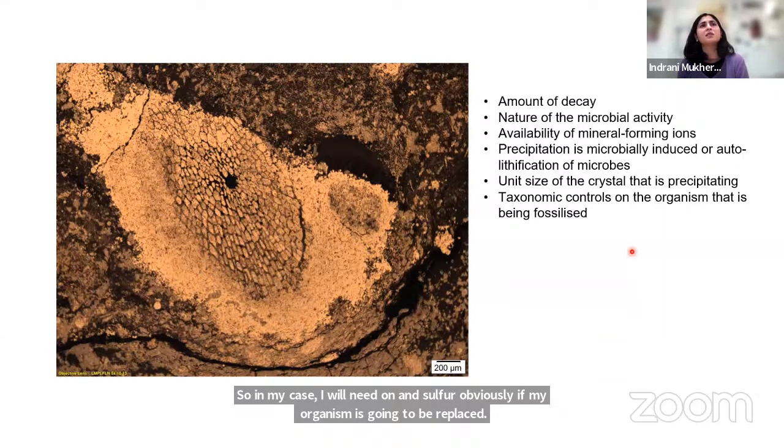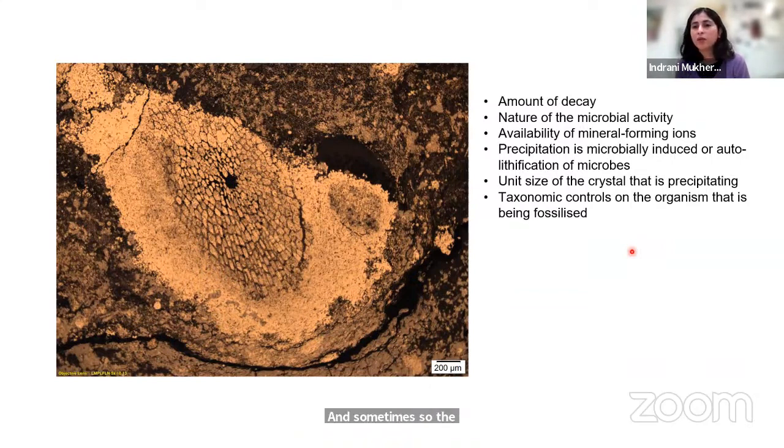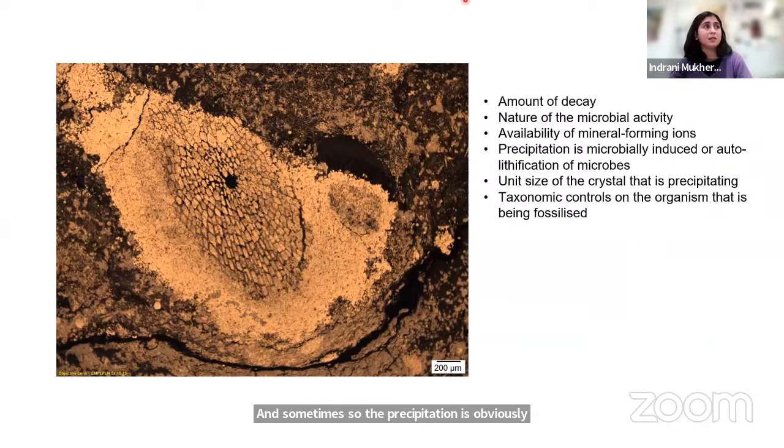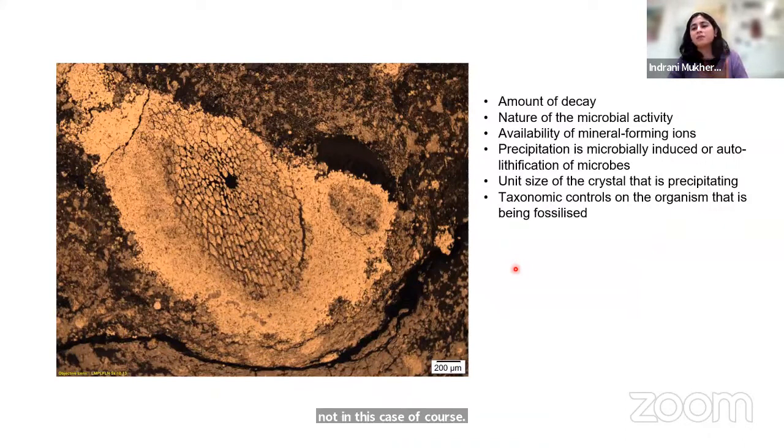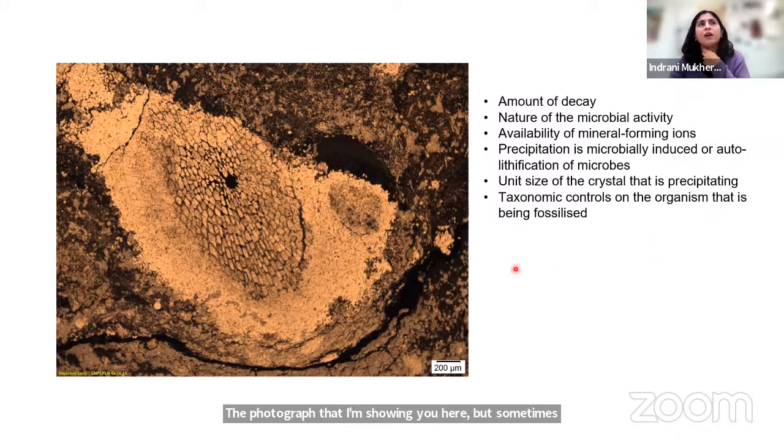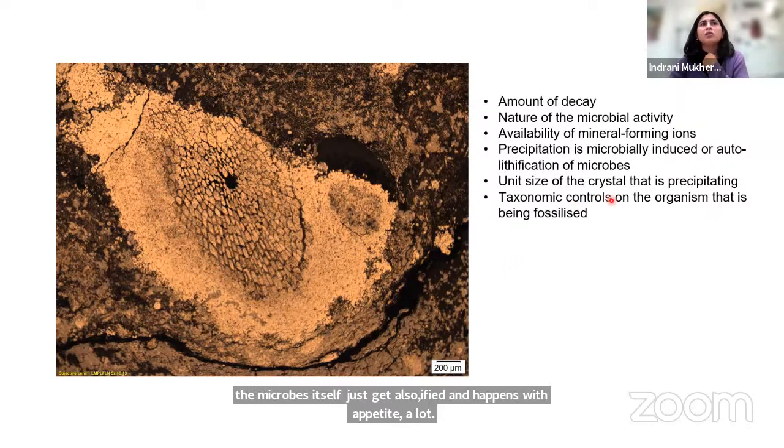The precipitation is obviously microbially induced, but sometimes the microbes themselves, not in this case of course, in the photograph that I'm showing you here, just get lithified as well, and it happens with apatite a lot.